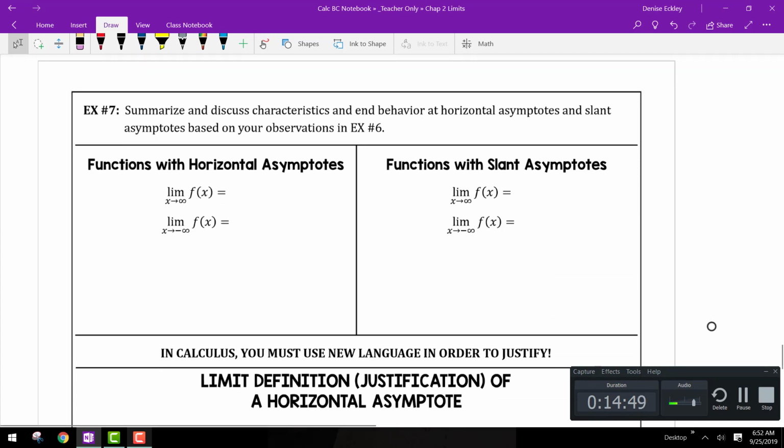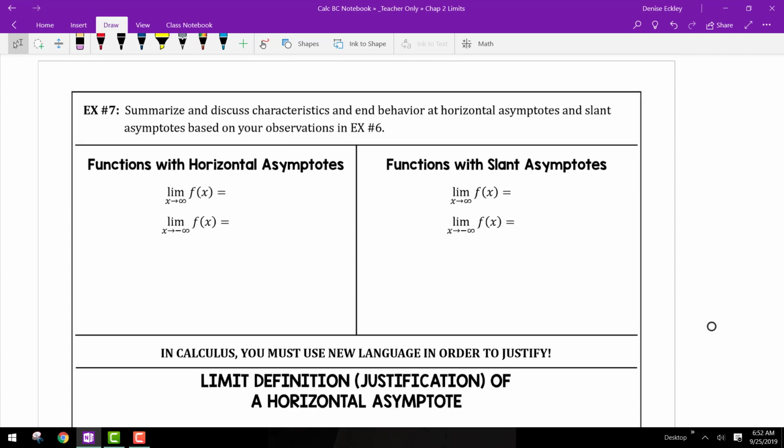Okay, so we're supposed to summarize and discuss the characteristics that we have so far. If we have a horizontal asymptote, let's call that horizontal asymptote y equals b, and we know that b is going to be a real number, then our function is going to head towards that horizontal asymptote. If we have a slant asymptote, the function, whether it's going to positive infinity or negative infinity, could be plus or minus infinity for both of these.